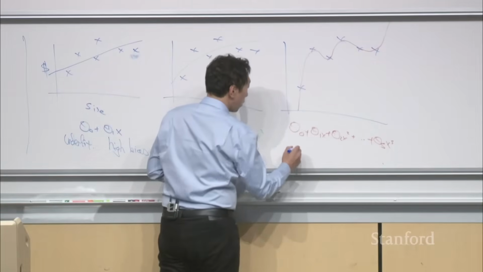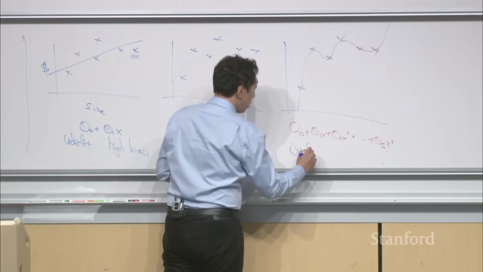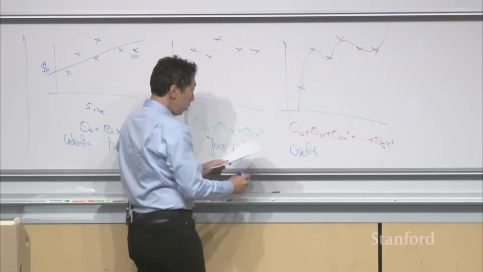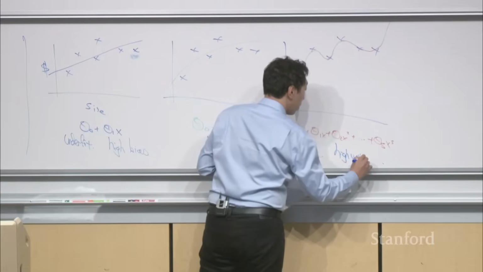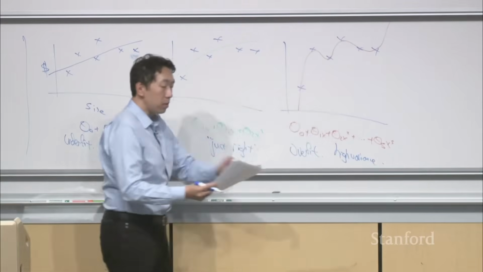And in contrast, in this curve on the right, we say that this is overfitting the data, and this algorithm has high variance.